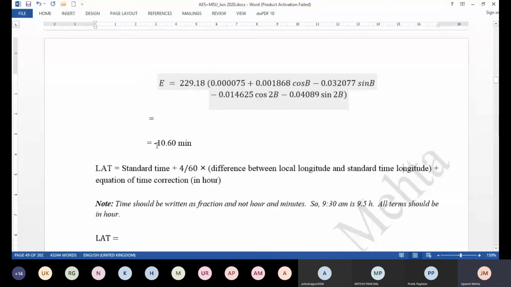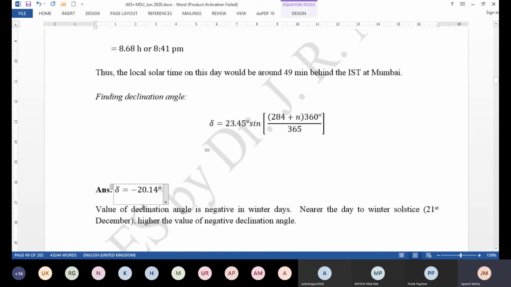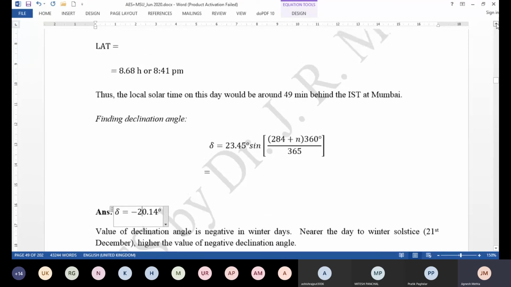Now, when you use this number here in LAT, divided by 60, it should be written in hours. So do that exercise and find out what will be the local apparent time at that point of time in Mumbai, right?